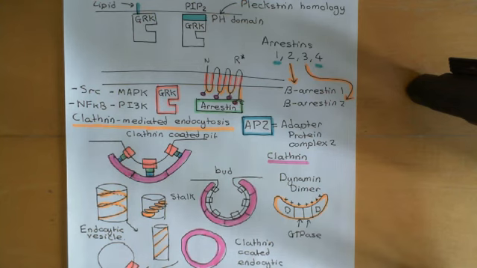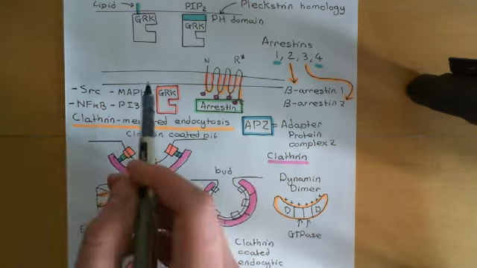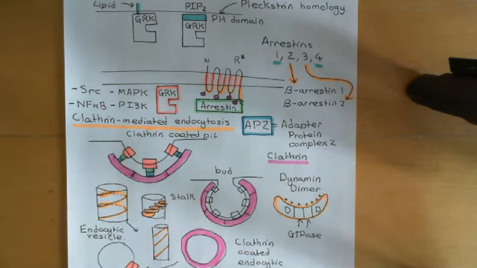We are realizing how much more G protein coupled receptors do than just activate heterotrimeric G proteins. They in fact signal through these pathways which we do not classically think of as being involved in G protein coupled receptors at all. We think of them generally as being all about receptor tyrosine kinases.